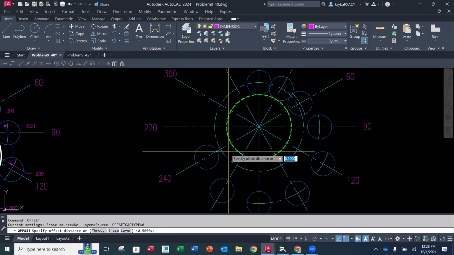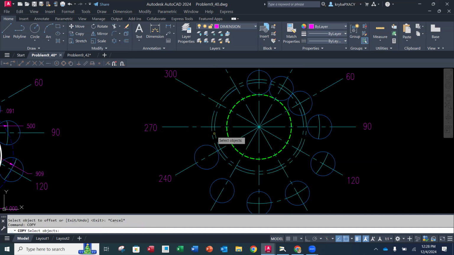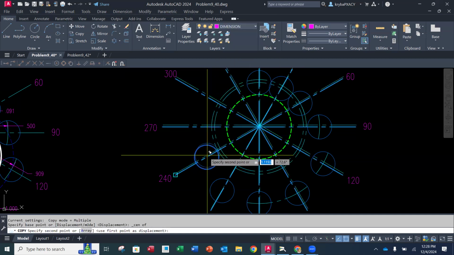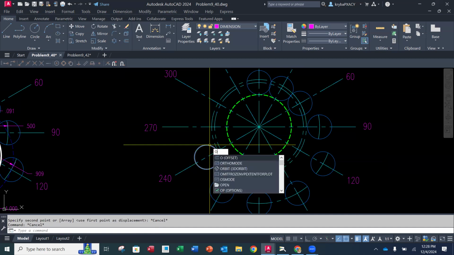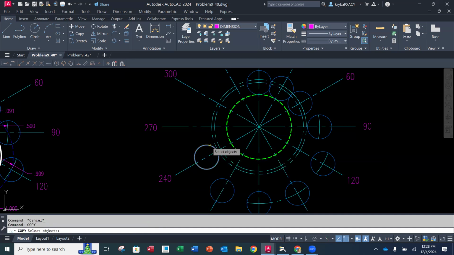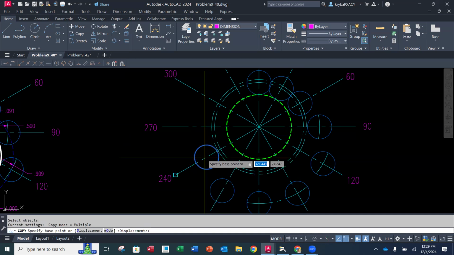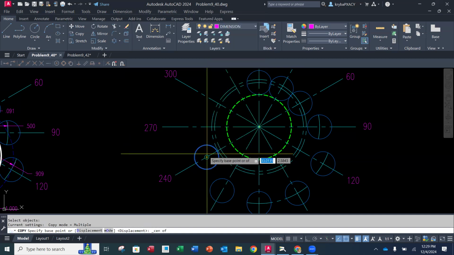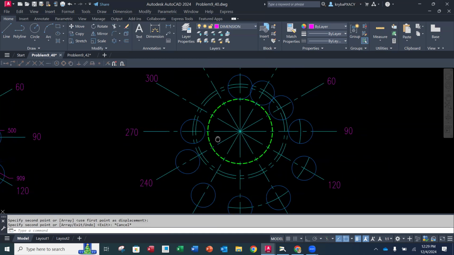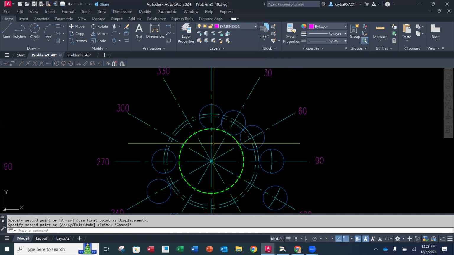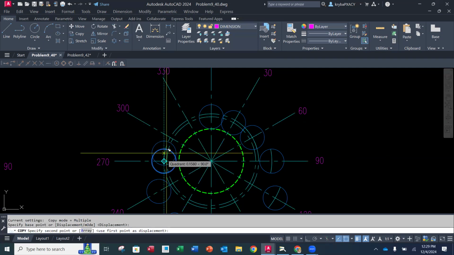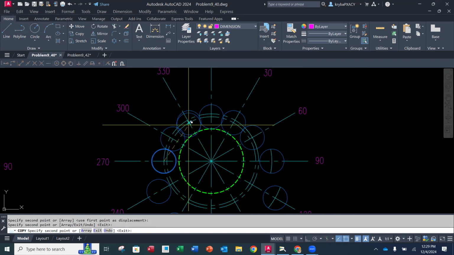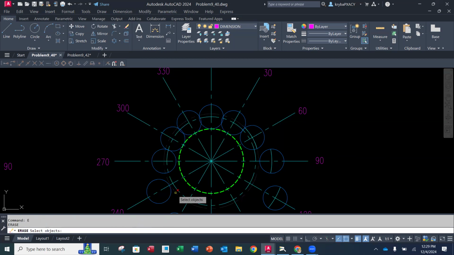And then 0.091. And I think the last ones are at the 0 degree. They are. So then now I can just go from here to there to there. Okay. And then I can get rid of this.